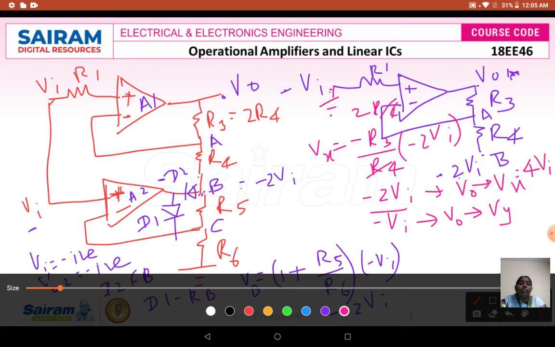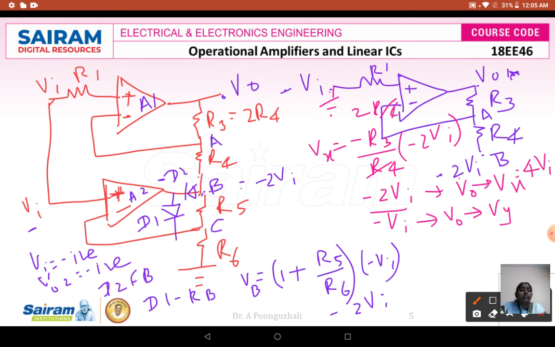Now when minus 2 Vi is considered, I am going to consider this minus Vi, and I am going to ground your B terminal there. So when I ground this, it is going to act like a non-inverting amplifier.